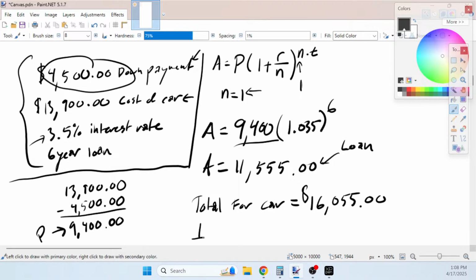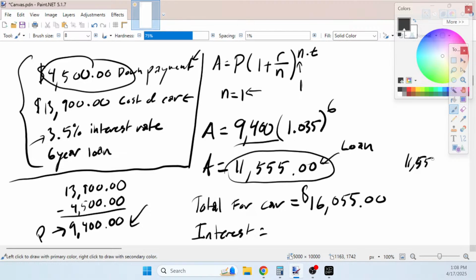And we're also asked to figure out what the interest is going to be. That's the total for the loan minus the principal. So the total amount we pay for the loan minus 9,400 gives us about $2,155.